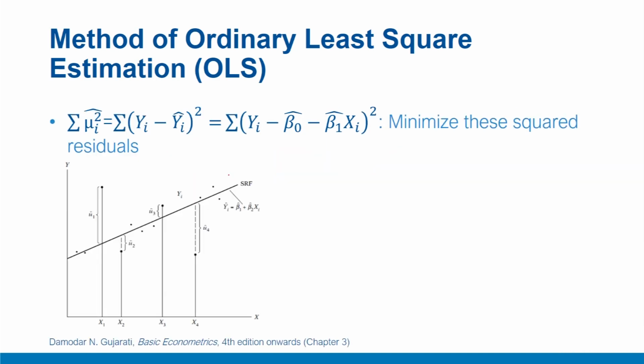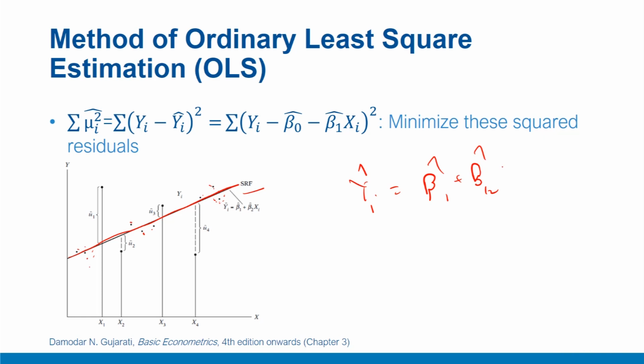To further illustrate and visualize this argument, let's have a look at a set of observations plotted on this XY diagram. These are the actual values that we have, a sample rather than the population, that we have obtained. Now we try to fit a sample regression function, the line corresponding to the sample regression function, which is represented as yi hat equal to beta 1 hat plus beta 2 hat.